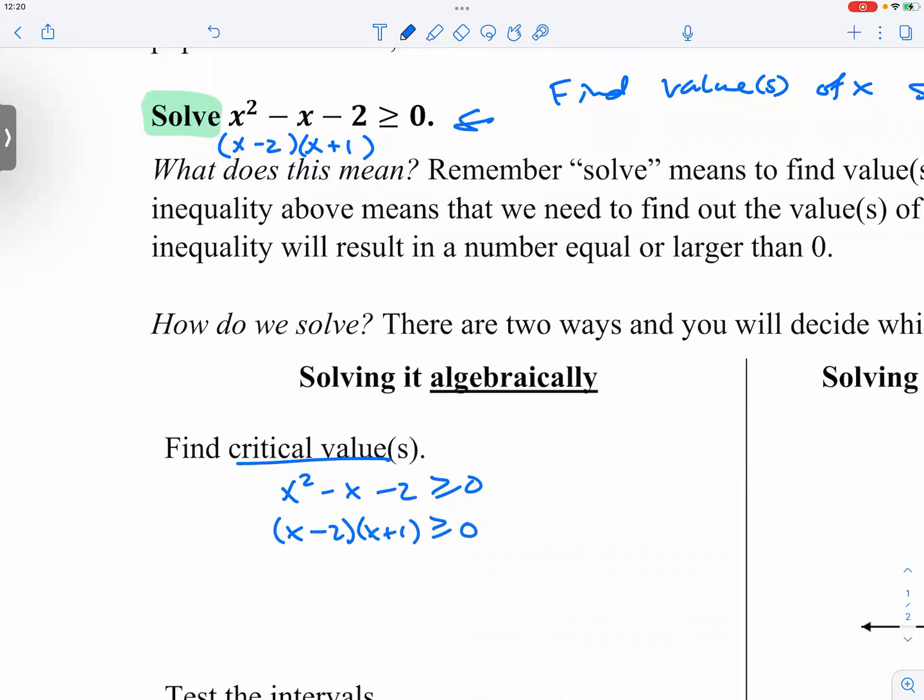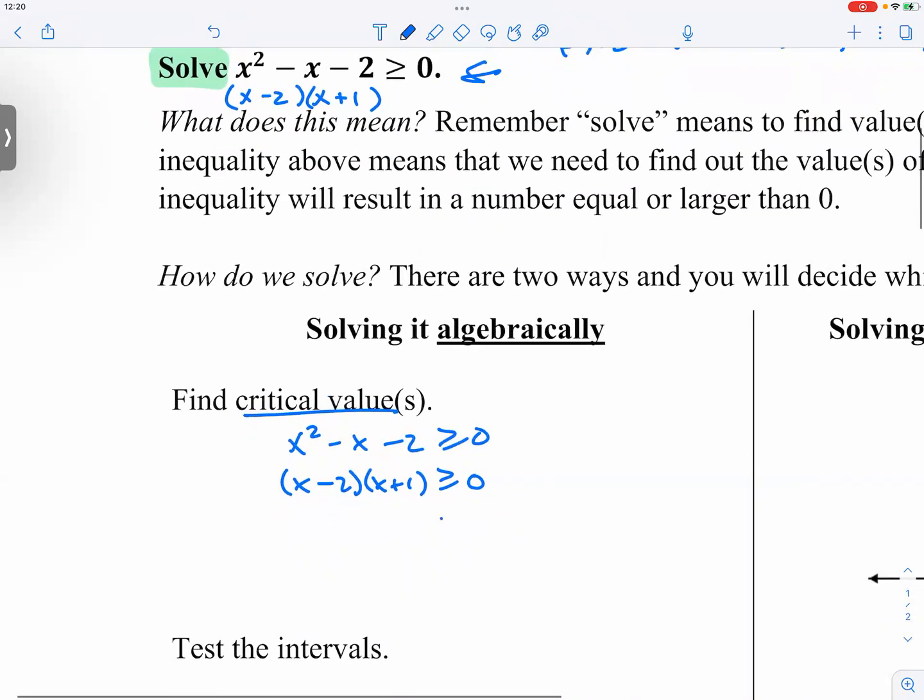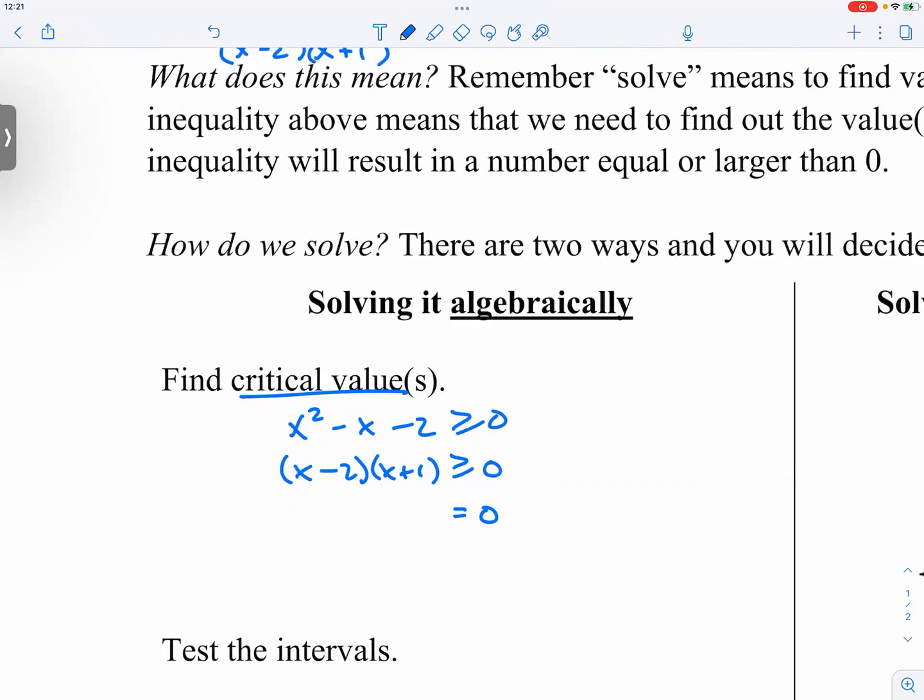Now, to find out the critical value or critical values in this case, we will temporarily change the inequality sign to equal. Again, we are trying to set up the borders. Okay, we are trying to find out where it is at 0. And from that point, we can have a better perspective of, oh yeah, then I can tell where it's greater than 0. But first, let's investigate where it is at 0.